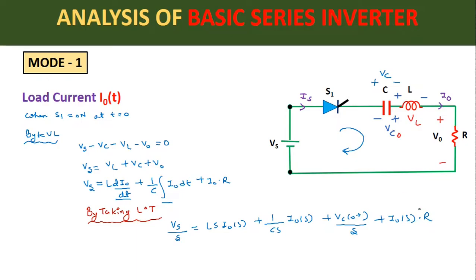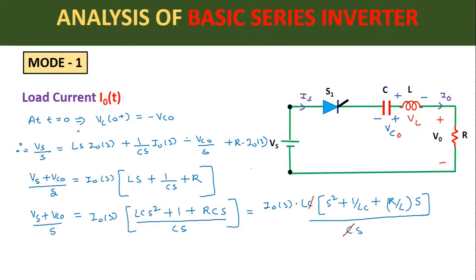Now we have studied that at time t is equal to 0 we have assumed a small negative voltage across the capacitor with the polarity shown in the figure. It is minus on the left hand side plate and positive on the right hand side plate. So at t is equal to 0 the voltage across the capacitor Vc0 plus will be equal to minus of Vco.